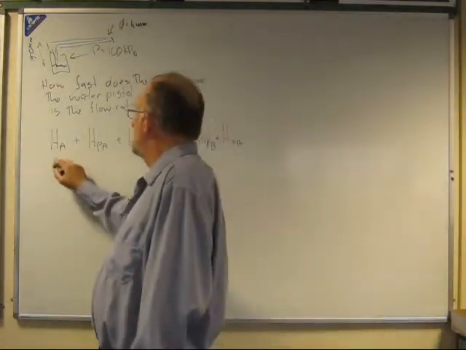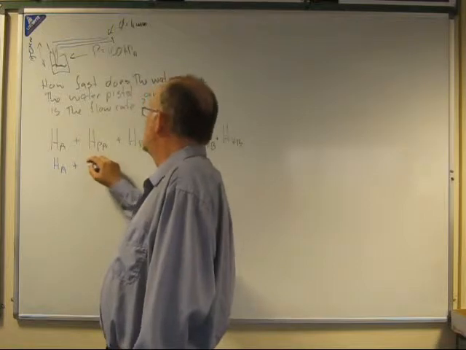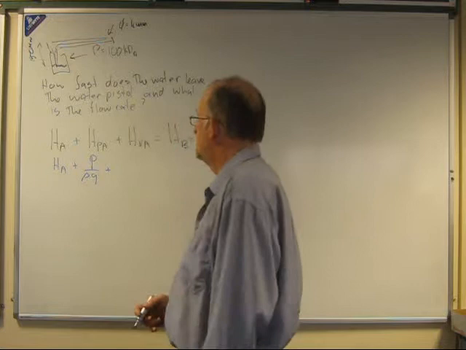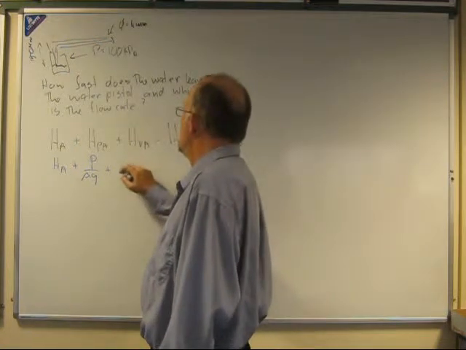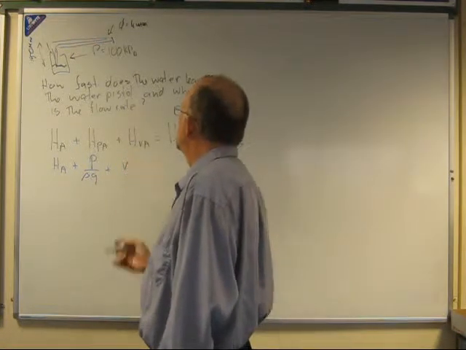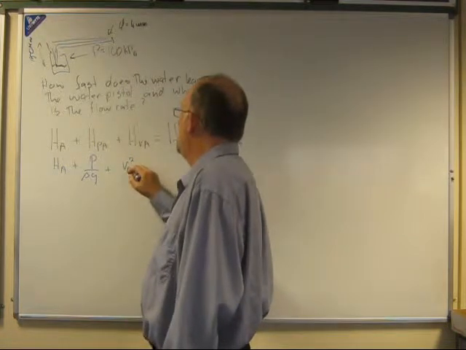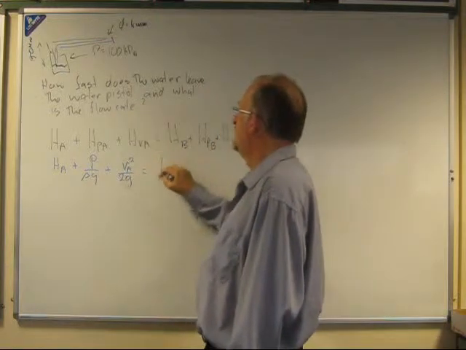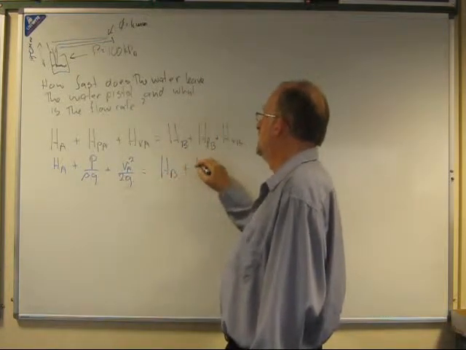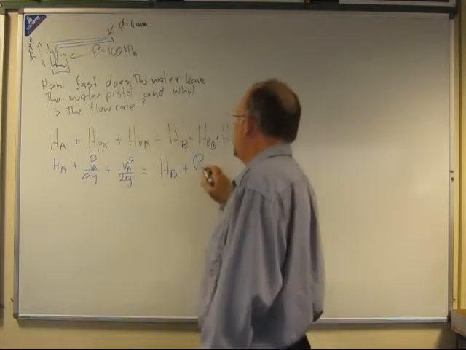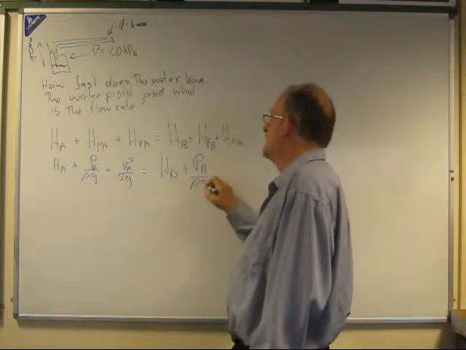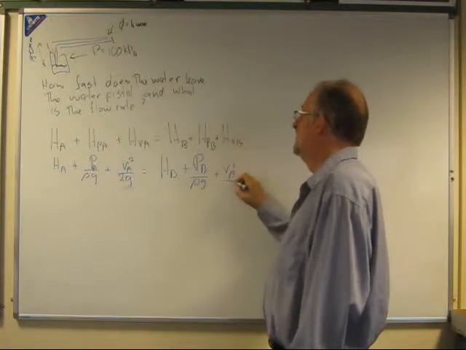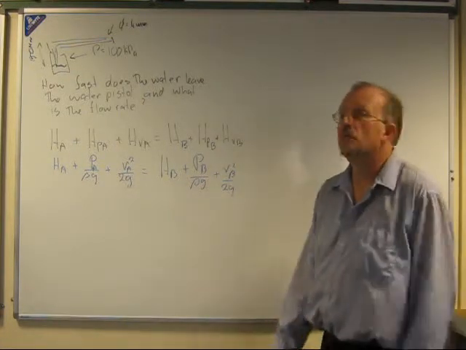So this is HA plus the pressure at A over rho G plus the velocity squared at A over 2G equals the head at B plus the pressure at B over rho G plus the velocity squared at B over 2G. So again, we write down what we know.